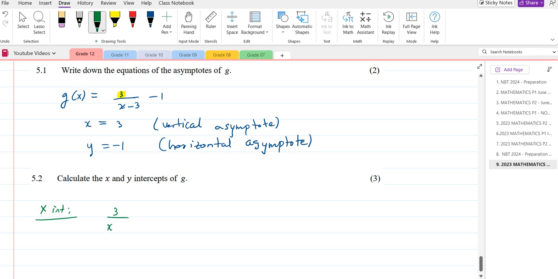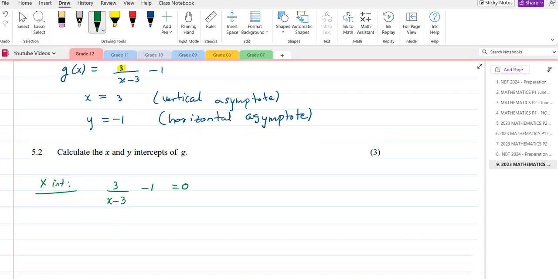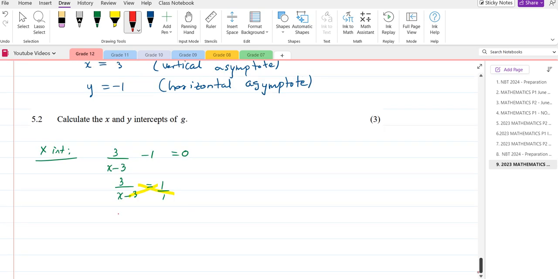So 3 over x minus 3, minus 1 is equal to 0. To solve this equation, always take the 1 over and cross multiply. So 3 over x minus 3 is equal to 1 over 1, and then cross multiply. You will get x minus 3 times 1, which is x minus 3, and 1 times 3, which is 3. So the x-intercept is 6. In coordinate form, (6, 0).